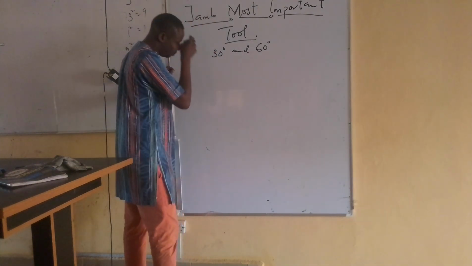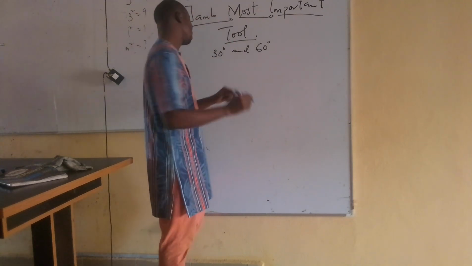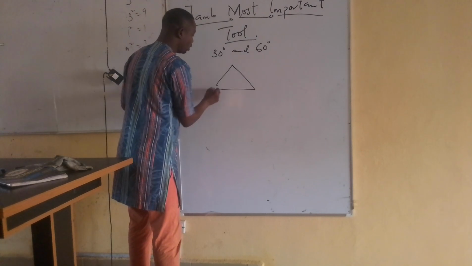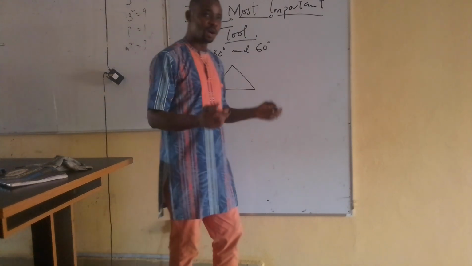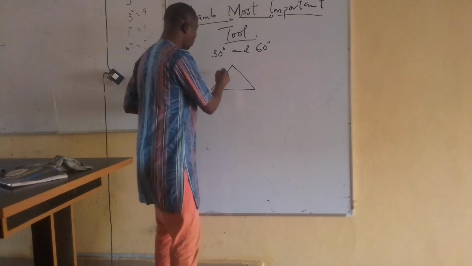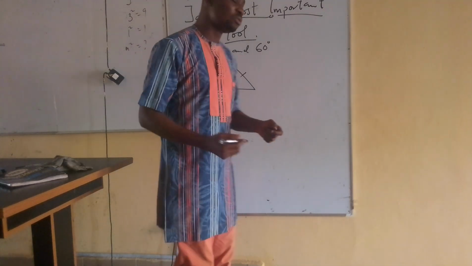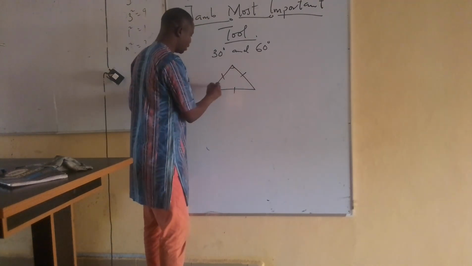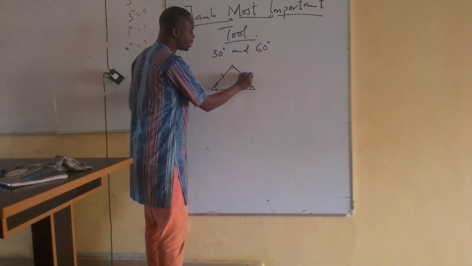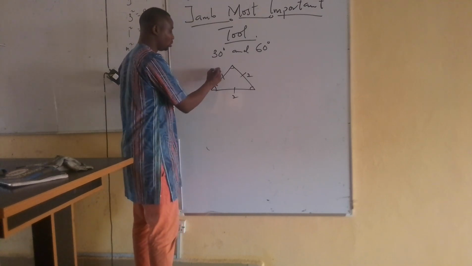First thing is this. You consider an equilateral triangle, which is of this nature. And you know quite well that in an equilateral triangle, all the sides and angles are equal. So it means if this side is 2, this side will be 2, this side will be 2.